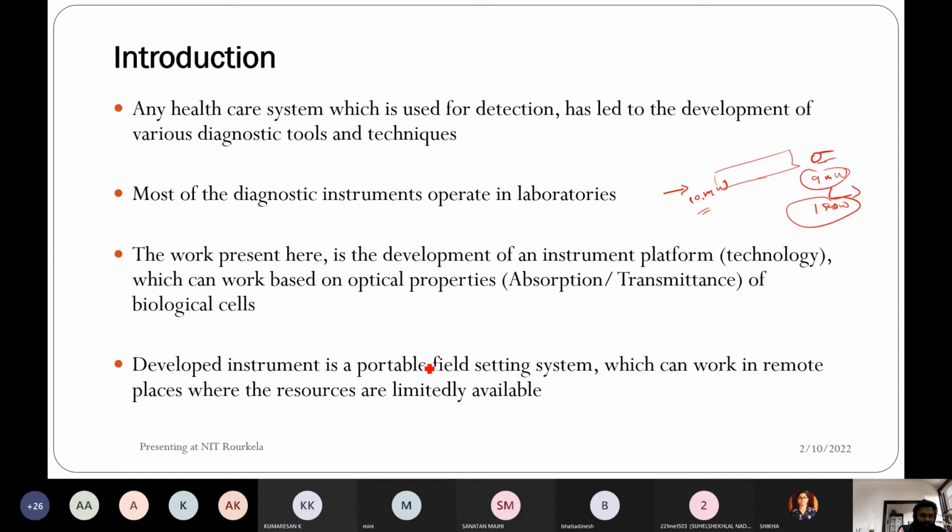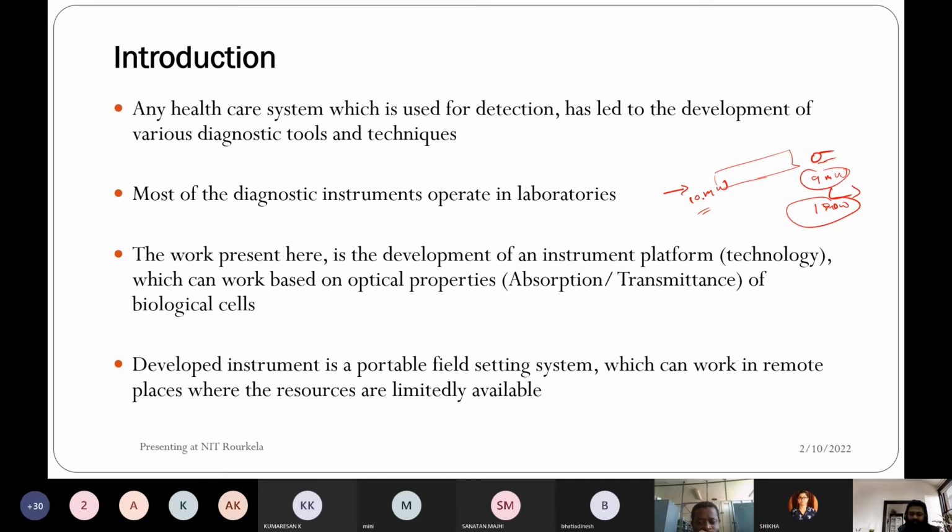So this developed instrument is a portable, field-setting system which can work in remote places where resources are limitedly available. When we talk about remote places or rural areas, we don't get any sophisticated diagnostic centers, and we also don't get highly skilled technicians.